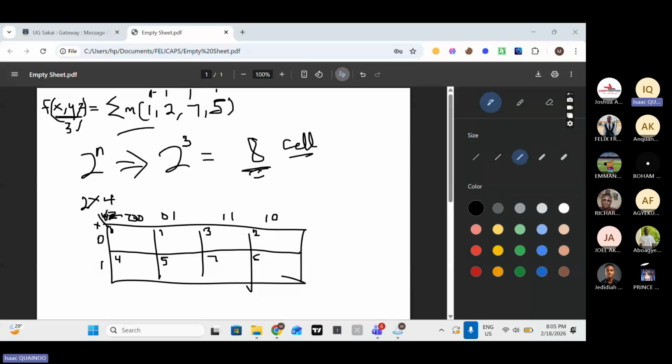We represent that number by N. To determine which type of K-map to use, we take 2 and raise it to the power of the number of variables, which in this case is 3. So 2 raised to the power 3, which is 8, tells us the number of cells we need to draw a K-map for this particular function.